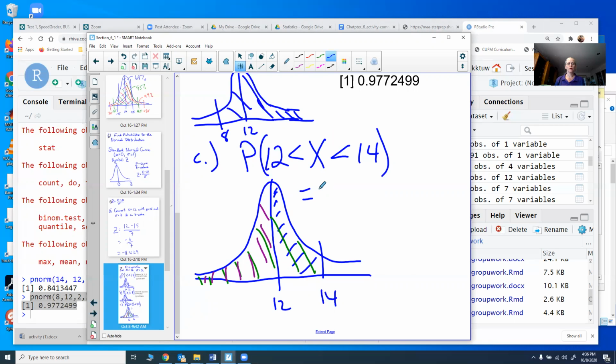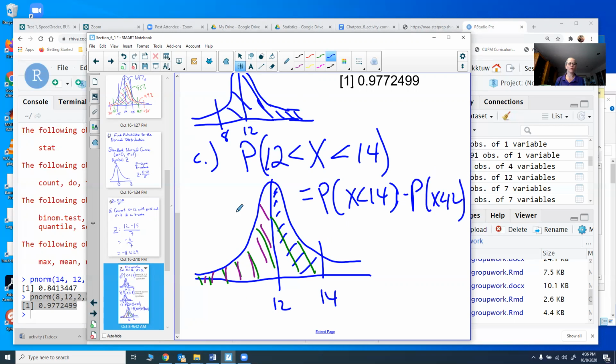So in this case, we're going to look at the probability that x is less than 12, which is this area. Oh, sorry, let's do the 14 first. X is less than 14, which would be all of this from 14 all the way down. And I'm going to subtract from that the probability that x is less than 12.